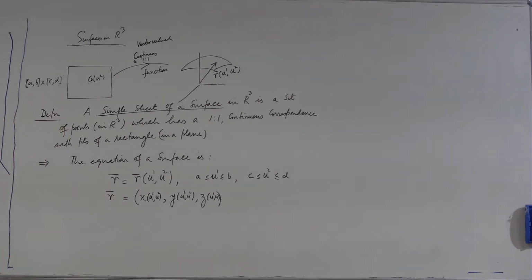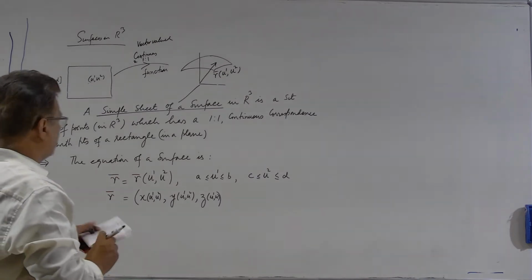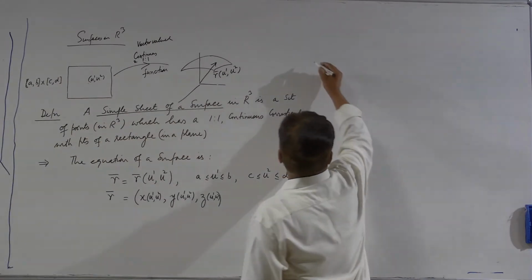Okay. Now, for doing geometry on a surface, I will assume that this function must be differentiable, not only continuous. In fact, I will be assuming it is a differentiable function, differentiable of class C n. So, there is a definition of regularity.